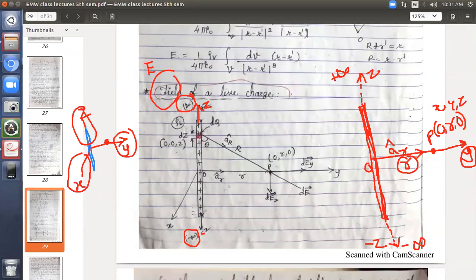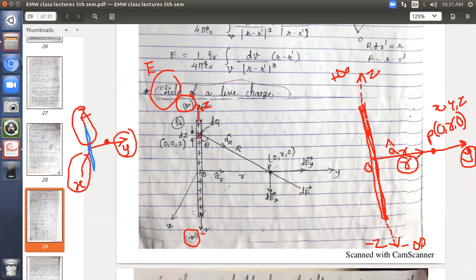Okay, point P location. Then as we have discussed the field equation in the previous session regarding volume charge distribution, I had told you that whenever we want to apply any concept in electromagnetics, if any continuous distribution is concerned, we will take a small part, apply the concept to that small part, and if you want to extend that concept to the complete area, you simply integrate the terms, indicating the uniform distribution is there.